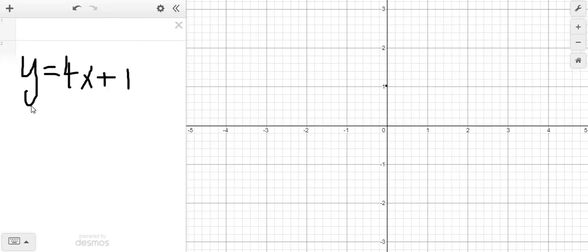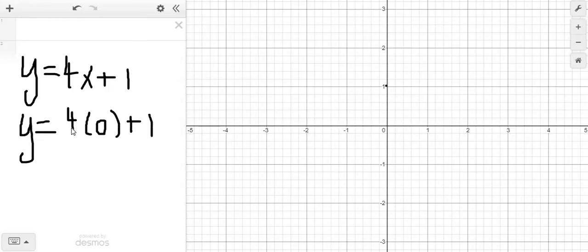So if we do that, we would get y equals 4 times 0 plus 1. And then we know that 4 times 0 is 0, so we can just take that out and it's y equals 1. And y is standing for the y-intercept, which is 1. So that's how we know that 1 is the y-intercept.